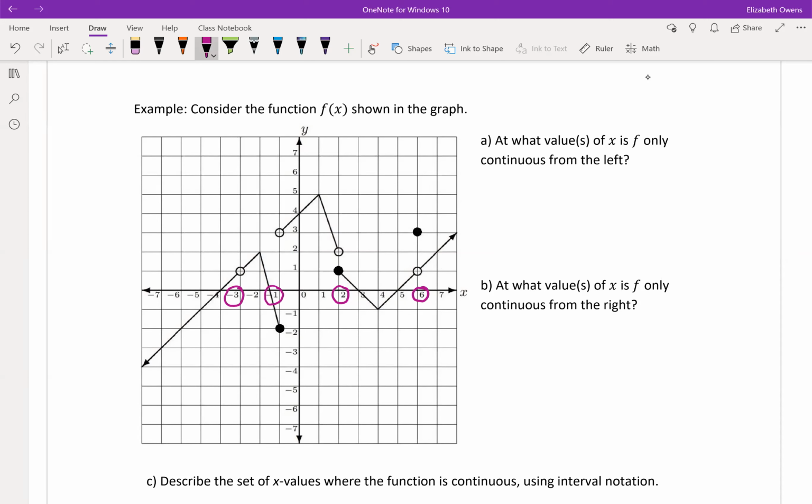So, at what values of x is f only continuous from the left? Well, let's check them. We want to do our left-hand limits. So, get your finger out, and we're going to start with our x equals -3 value here. Put your finger on the function to the left of -3, and we're going to trace along the function, coming in closer and closer, and we see that we do not have continuity from the left there because there is no function value.